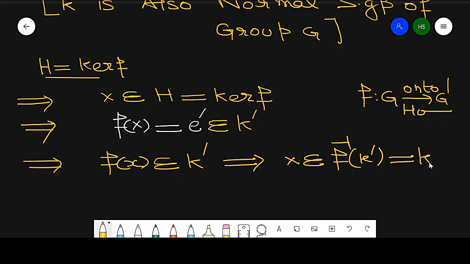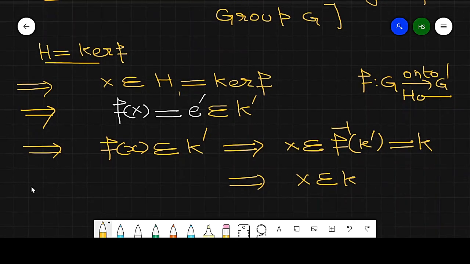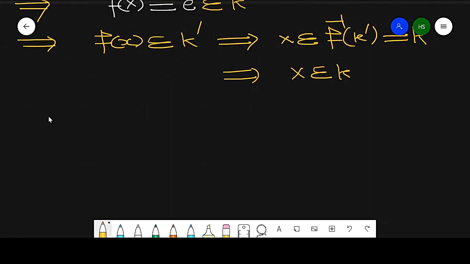Which is equal to K. So it implies x belongs to K. So it means this x is taken from H and it is a part of K. Then every element of H is a part of K. So it implies H is a subset of K. So this is the first theorem of isomorphism. In this way we can prove the first theorem of isomorphism.